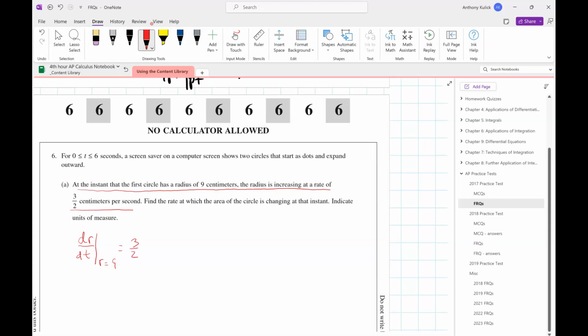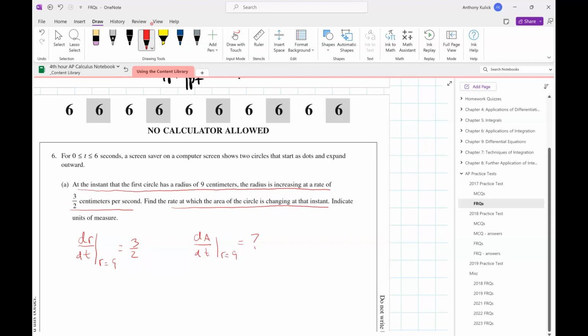Everybody's okay with reading that? What are we looking for? dA dt when r is equal to 9, same instant, is equal to what? Okay?